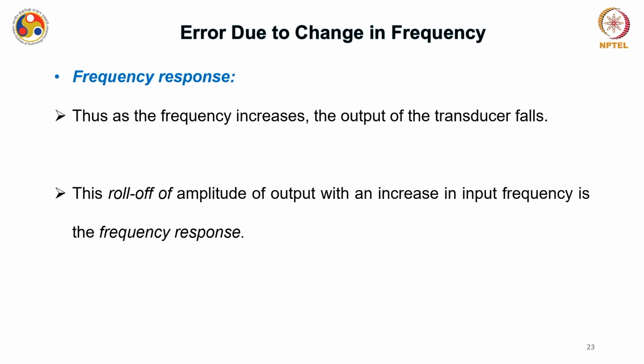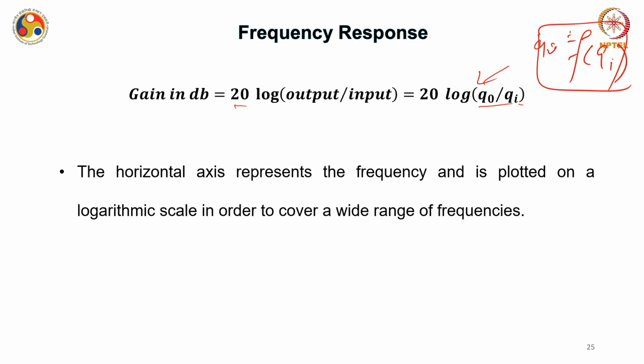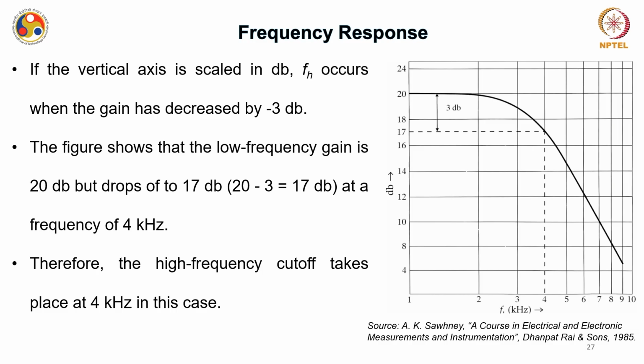So these are the two specifications that we have seen for quantifying the errors due to change in the frequency: the frequency response and the high frequency cutoff. Now if the vertical axis is scaled in dB, this higher cutoff frequency occurs when the gain has decreased by -3 dB.